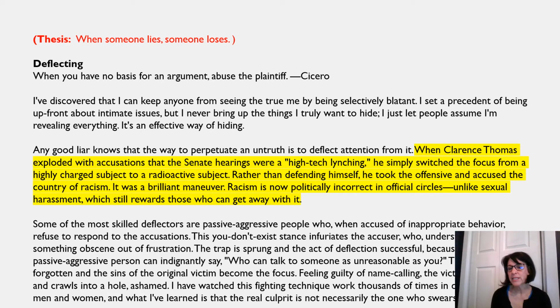He decides that he'll deflect instead. Probably an example of deflection you might be used to is the general example that often when there is a rape case, part of the defense will be like, oh, well, she was drinking, or she had on this really, really short skirt or something like that. And again, it victim blames, or it deflects the attention onto someone else's behavior rather than one's own.